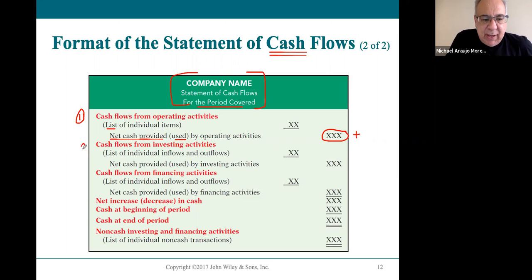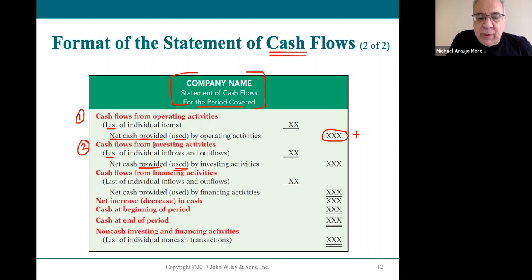The second thing you'll notice, as we mentioned, are the investing activities, and there'll be a list of all of them. If the investing activity has cash coming in, that'll be a positive number. If it's cash going out of the company, it'll be a negative number.